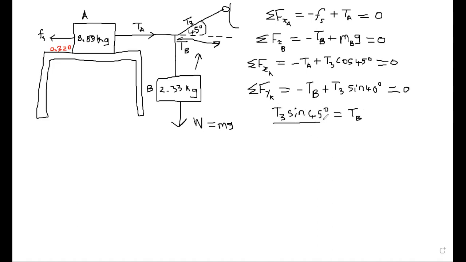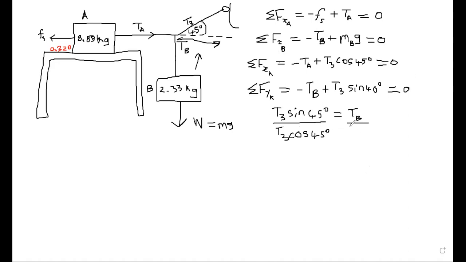We're dividing by the x, so we're taking this one, dividing by this one. That one will give us T3 cosine theta, if we take the negative TA to the other side. Cosine theta, which is 45.